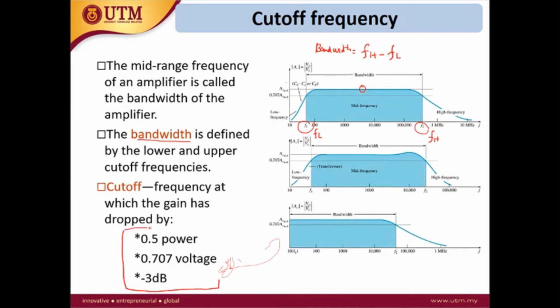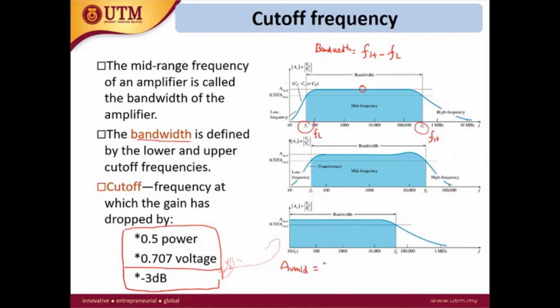Okay, so how we define the cutoff frequency is by this condition. Usually we consider minus 3 dB. So the cutoff frequency is the frequency where the gain decreases by 3 dB. For example, AV mid is the gain at the mid band.